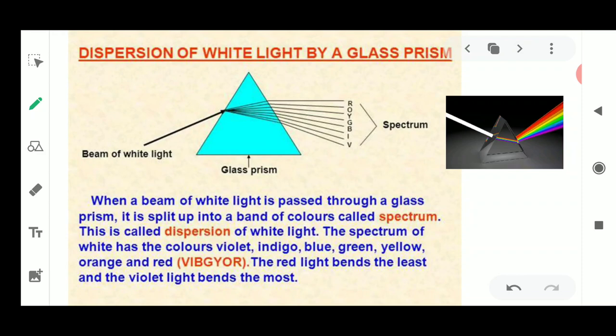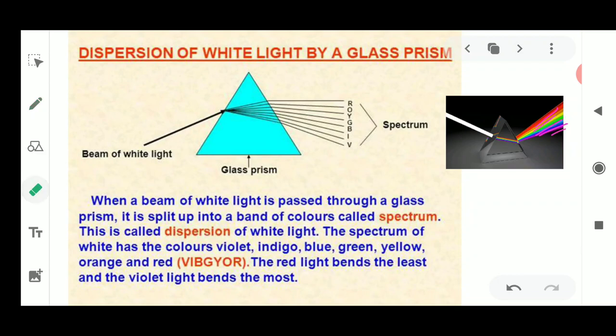So what is this phenomenon known as? I think you all could recall this, as it is written over here also. This dispersion is the phenomenon by which white light splits up into 7 colors.